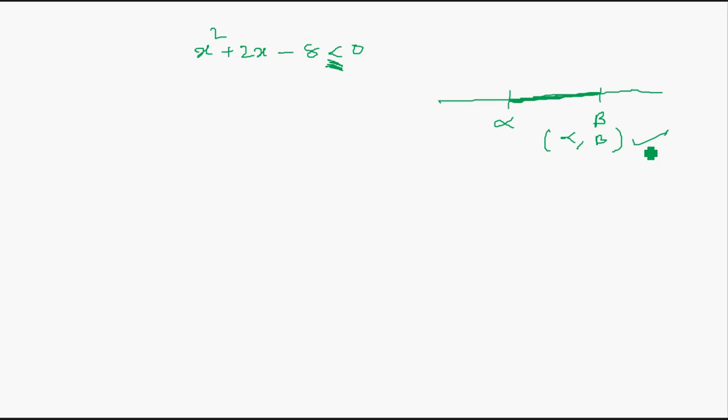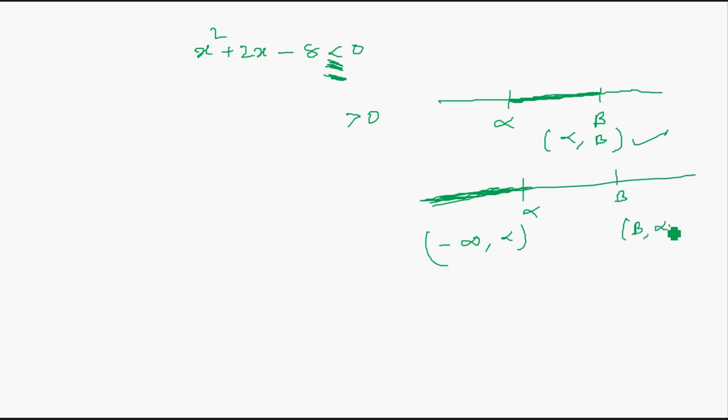will be the answer when the inequality is less than 0, and similarly when the inequality is greater than 0, the solution will be this one, that is minus infinity to alpha and beta to infinity.